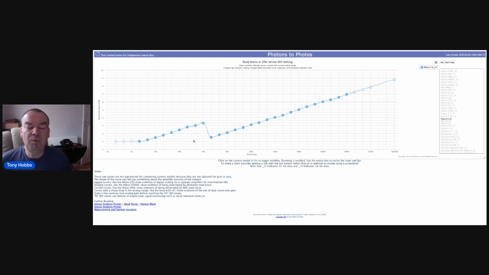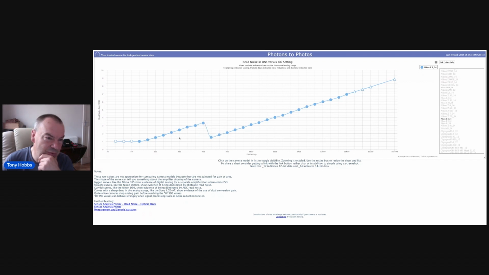So, right. What I've done is removed the Z5. Just look at the Z8 for the minute, just to keep things simple. So you've got read noise log 2 DN and read noise DN. To be honest, I've no idea what the difference of those are, but let's not worry about that. So let's have a look down here. This is the read noise at ISO 500, and it's 1.5 and 2.8.